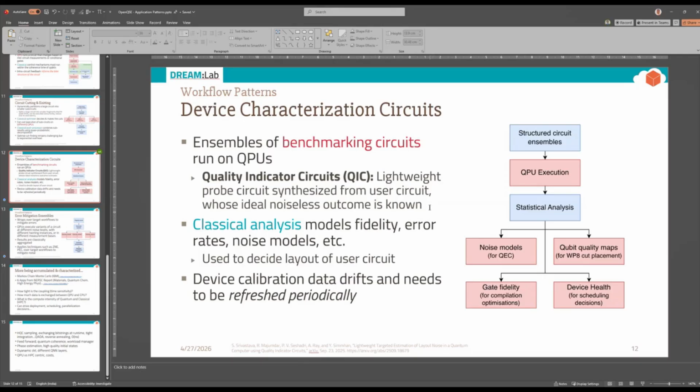You execute that on the same quantum hardware to get a sense of the noise profile, and then use that to decide the layout for the user circuit. So you generate the QIC circuit, execute it, analyze it, come up with a real-time noise model, and then use that for the actual deployment of the user circuit.